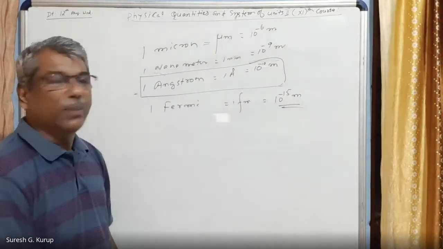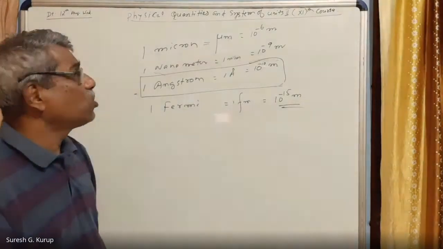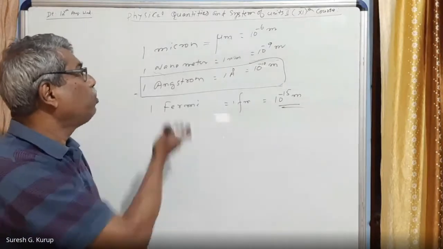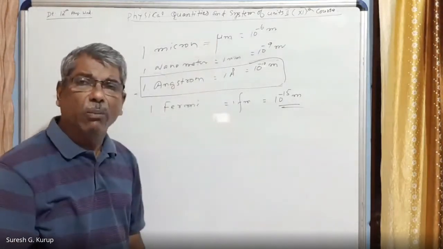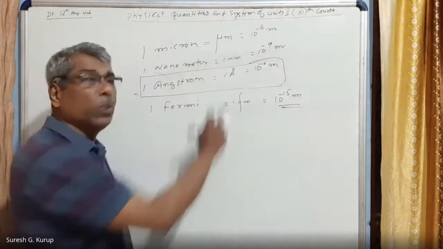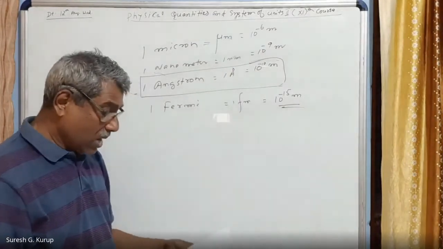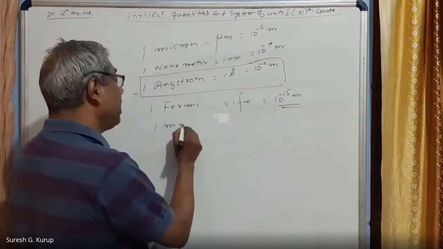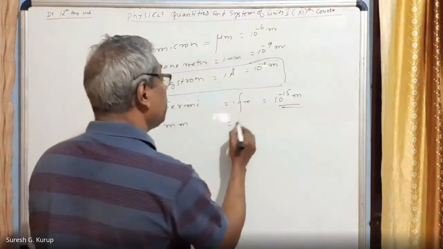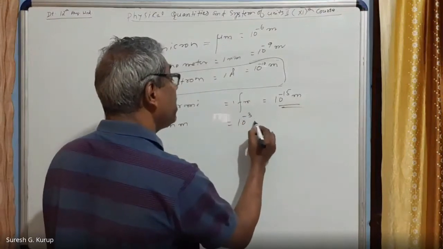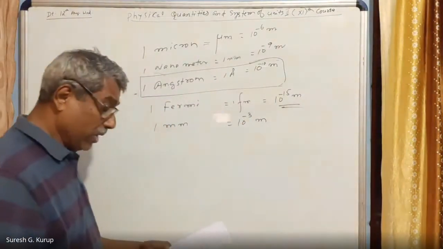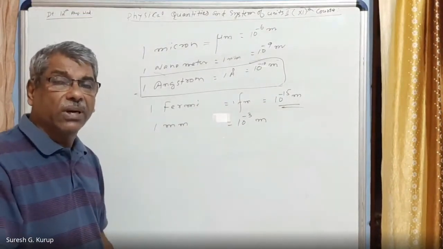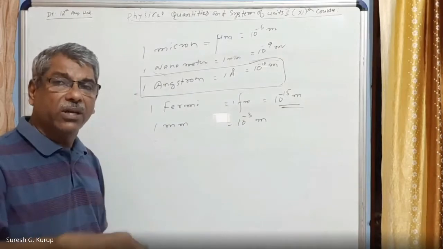So: nanometer, angstrom, and micron, which is also called micrometer, denoted by mu m. 1 millimeter, everybody knows, is equal to 10 raised to minus 3 meter. These are some important units of distances, large distances and small distances.